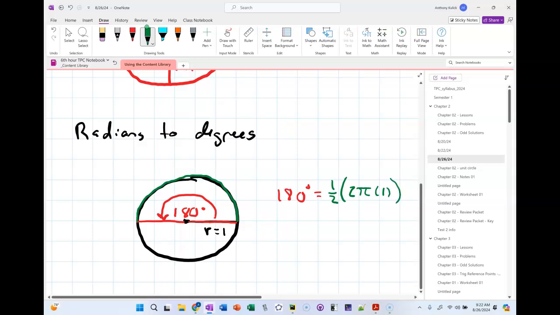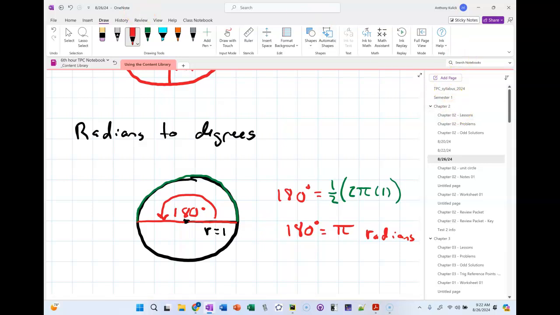And the radius in this circle was 1. So what do we have here? We have that 180 degrees is equal to pi radians. And that will be our conversion factor.